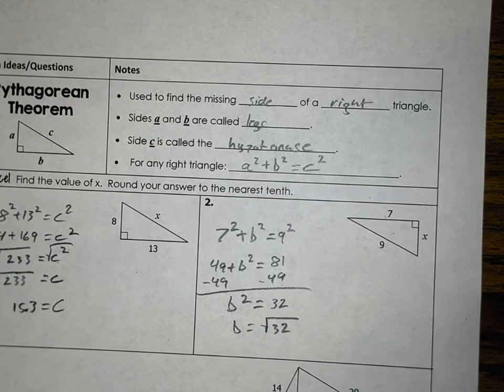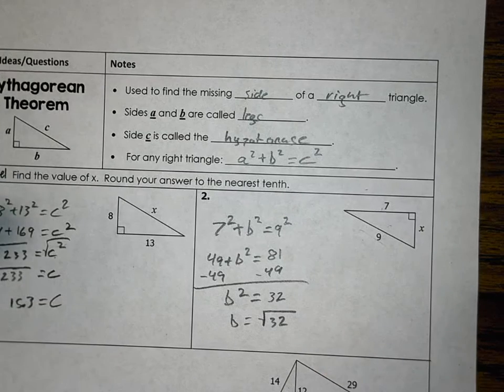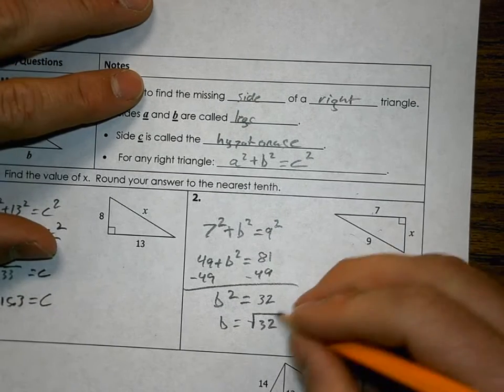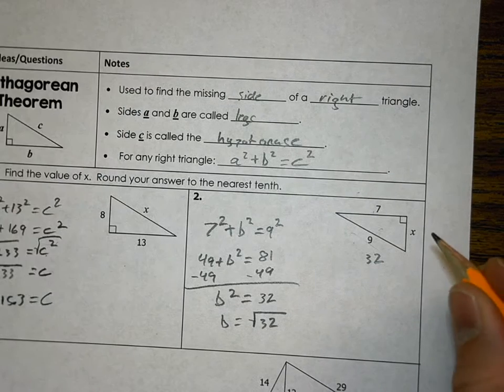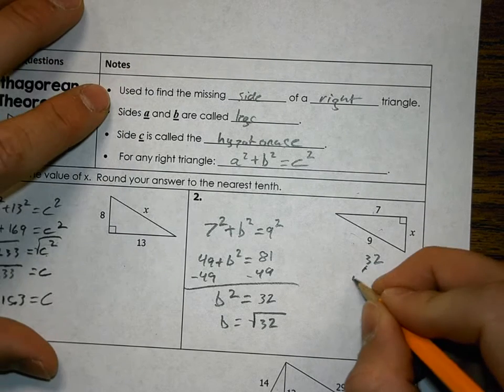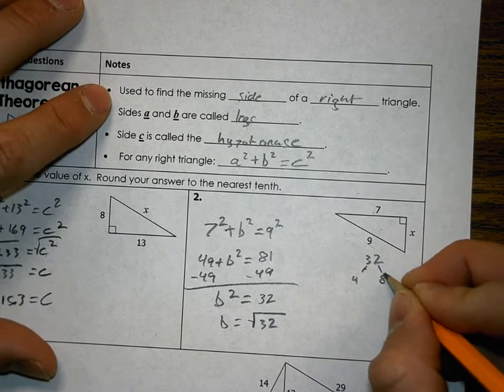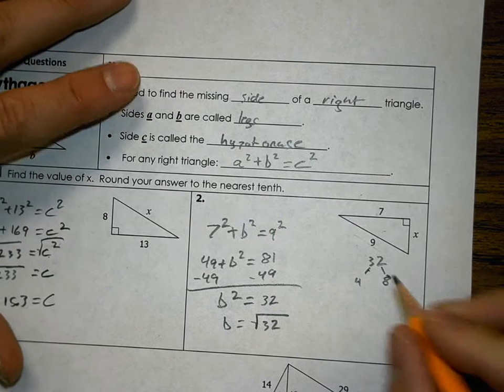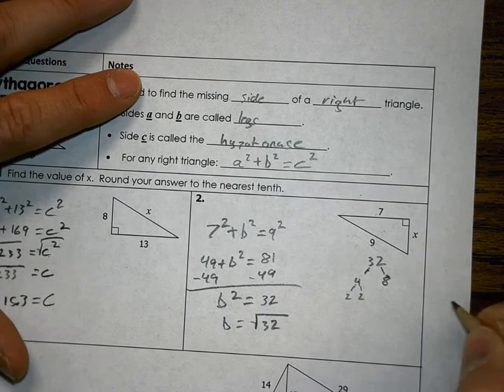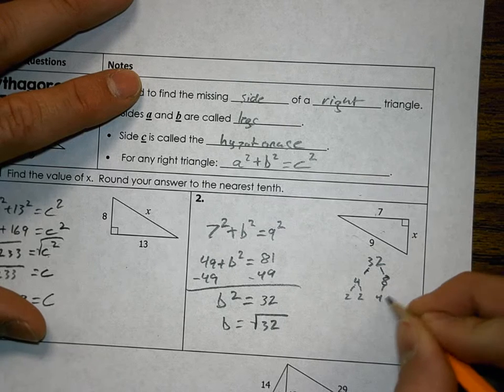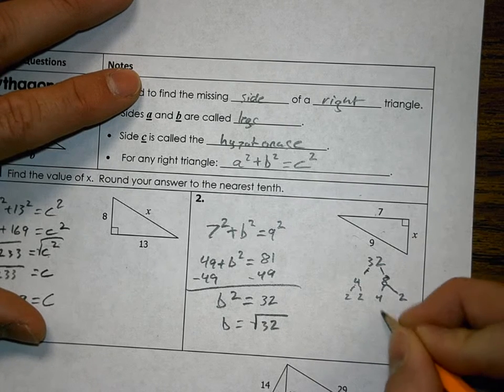By simplify, I mean we can break down this number of 32. So to do that, we want to find out what are the factors of 32. Well, 4 and 8 go into 32. 4 can be broken down into 2 and 2. 4 and 2 go into 8.